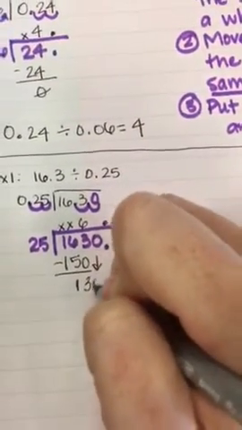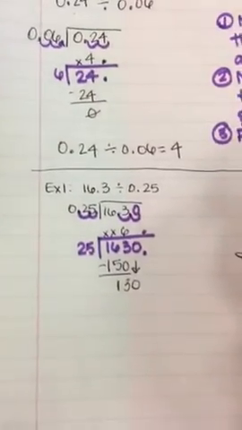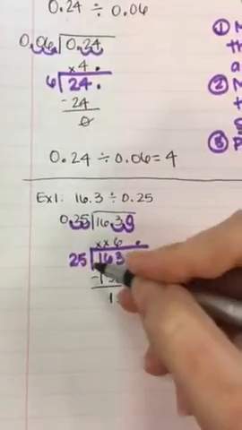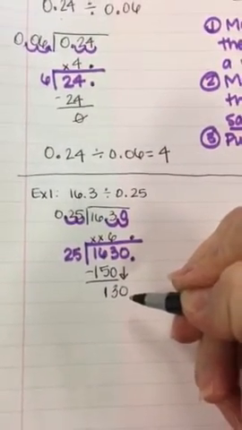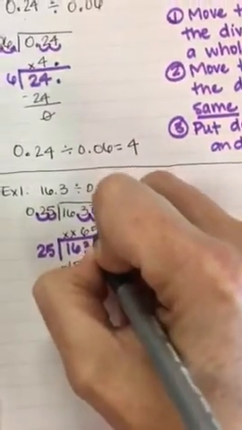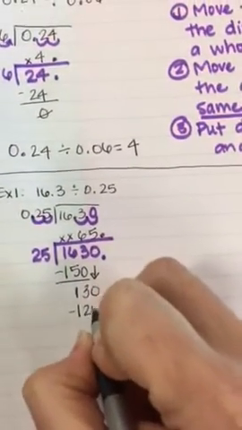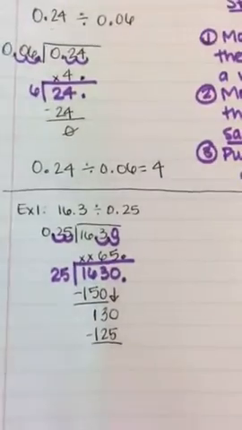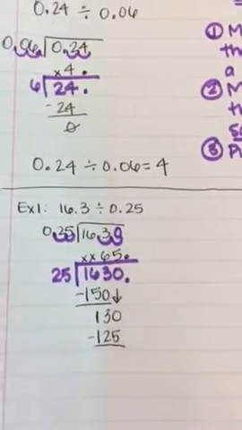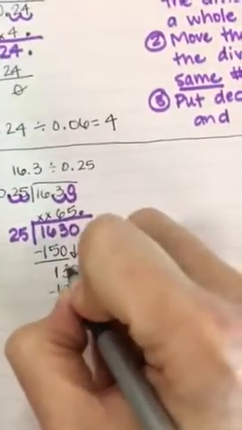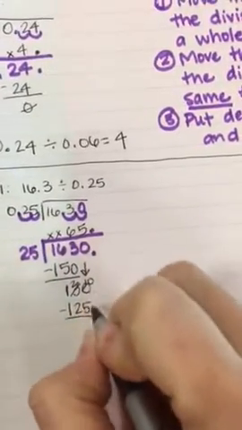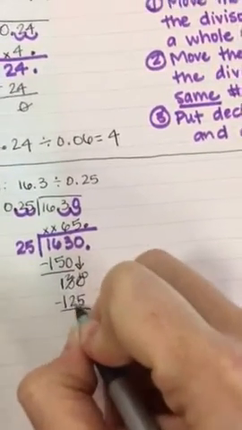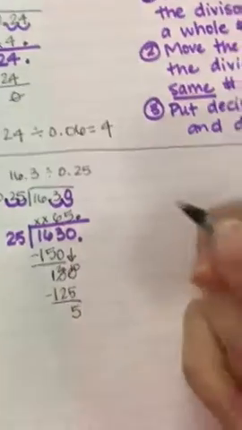I'm going to bring this 0 down into place. And now I'm going to say, how many times would 25 fit into 130? Well, that would fit 5 times. And that's 125. So 130 cannot do that. So 10 minus 5 is 5, and 2 minus 2 is 0, so I'm only left with a 5.